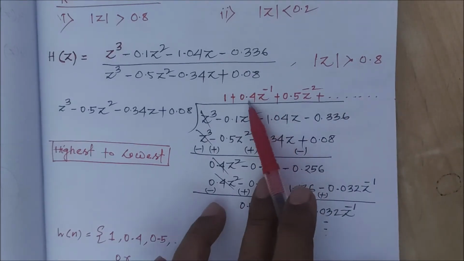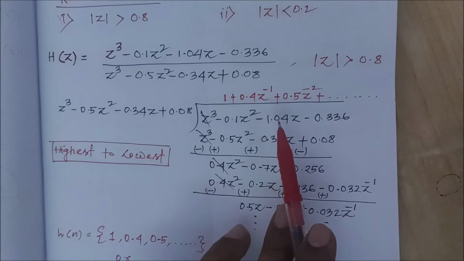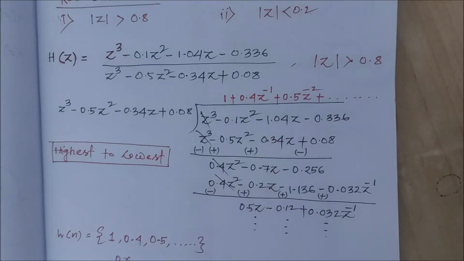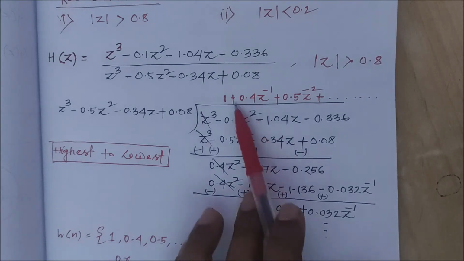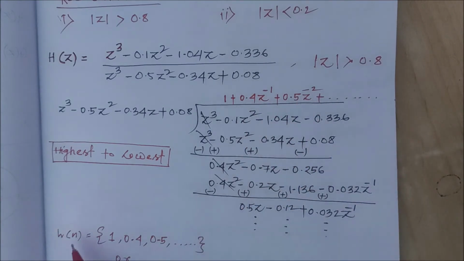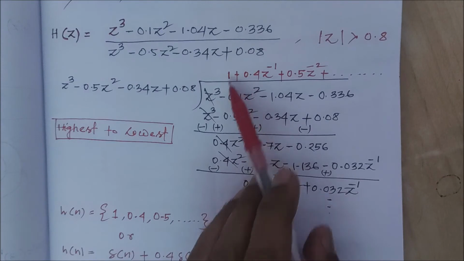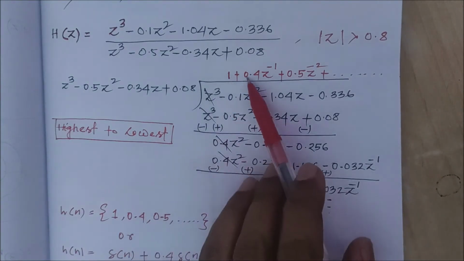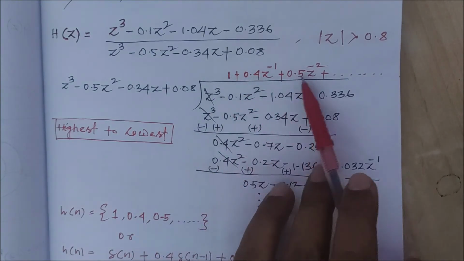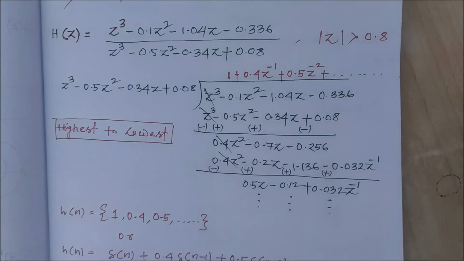We can see all the powers of z are negative. So as we have learned in the first class of the Z transform, for a right side sequence the power of z is always negative, or you can say for a causal sequence the power of z is always negative. So we can extract the samples from this particular Z transform as h of n is equal to 1, 0.4, 0.5 and so on.